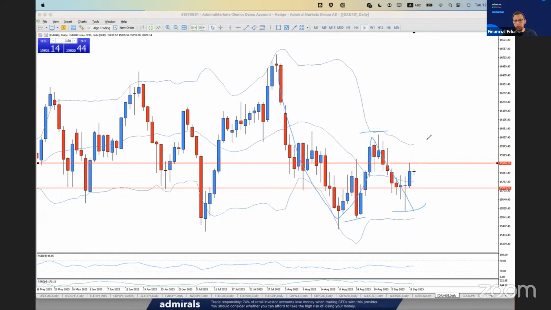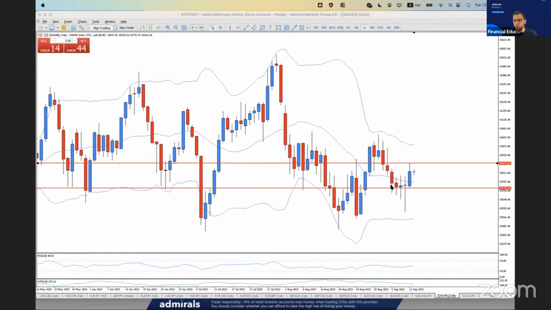The market doesn't have any character. It's not in a clear range, to be honest. The clear range was this one here, but this one not. So these are very low probability setups.